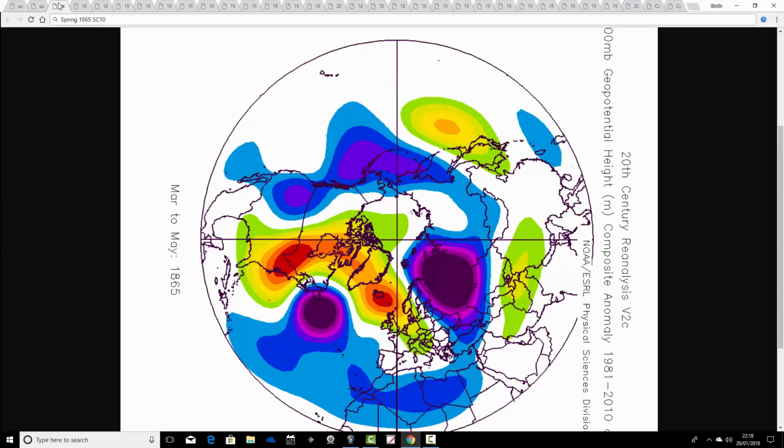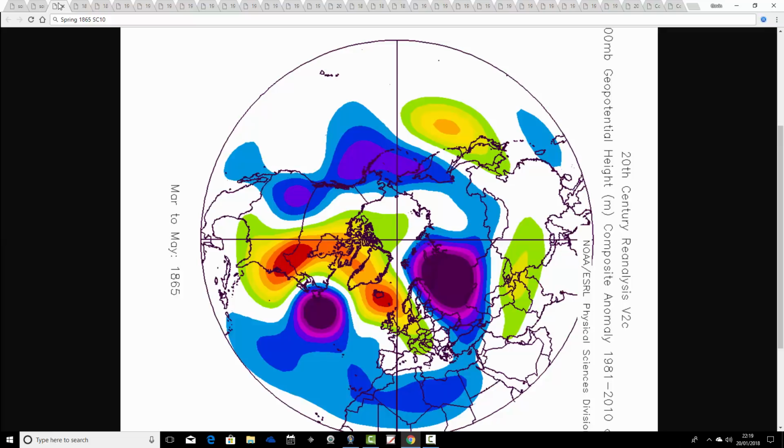We're going to start off by having a look at solar cycle number 10. So this is the spring of 1865, and it was two springs before, or 2 years before, the solar minimum of solar cycle number 10.